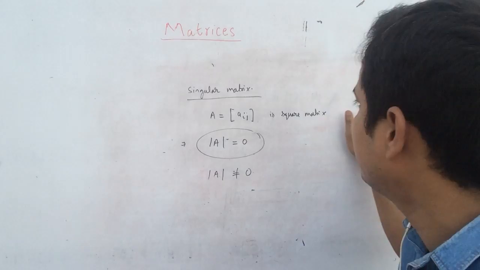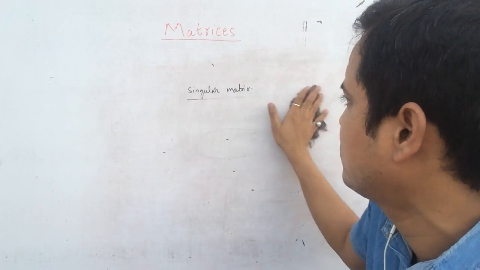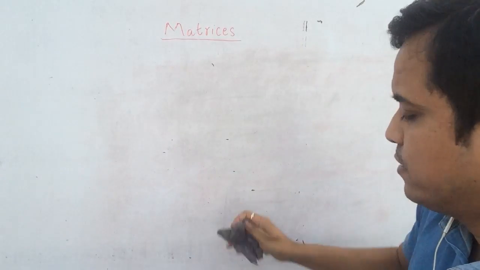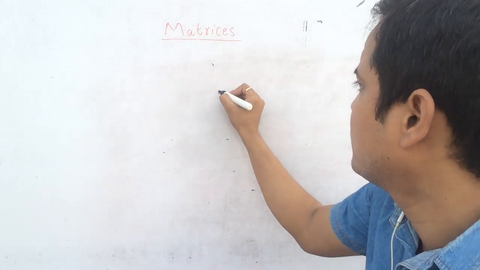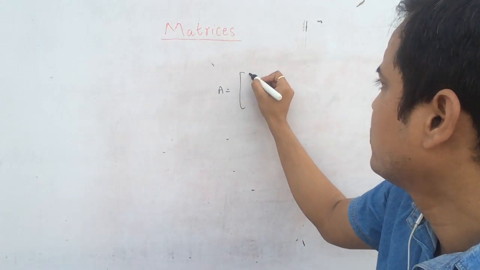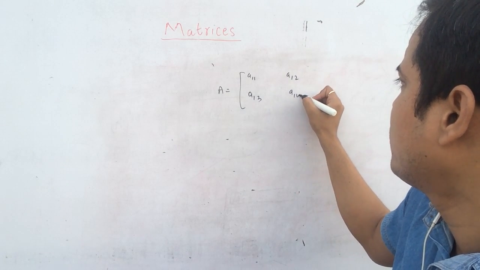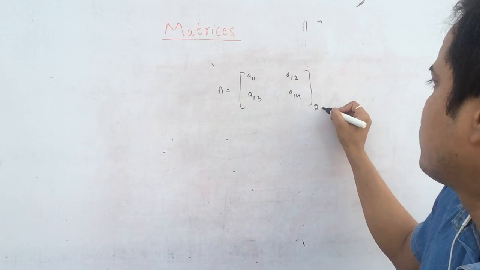Alright, now you have understood what is a singular matrix and what is a non-singular matrix, but how would you find the determinant of any matrix? So let's find out. Suppose A equals A11, A12, A21, A22, a 2 cross 2 matrix.